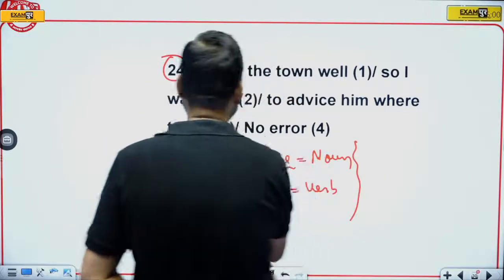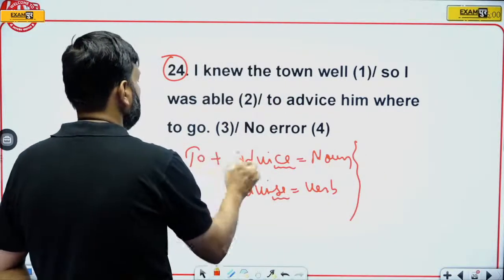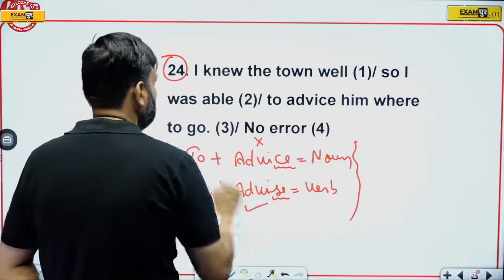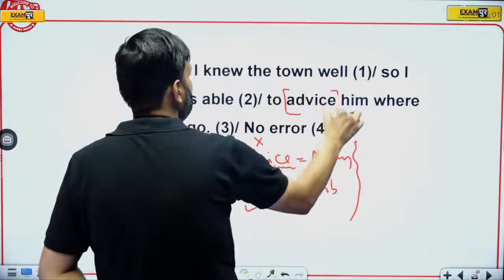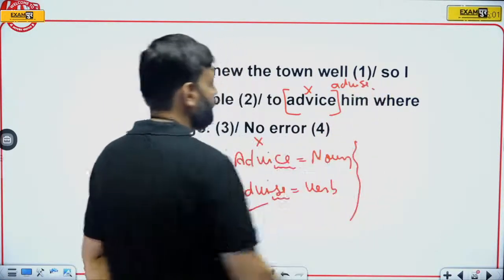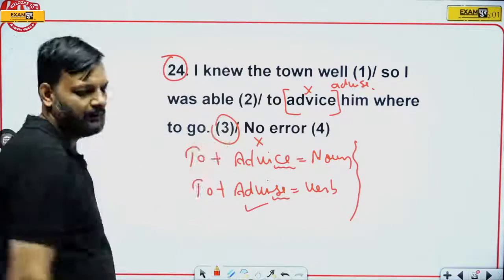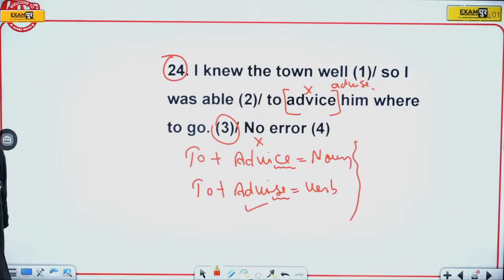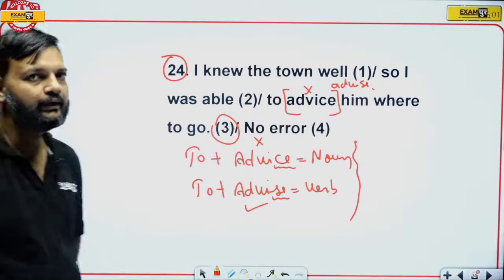After to, advice cannot be used, a noun cannot be used. After to we need a verb. So here in place of advice, advise will be used. So the error is in the third part.